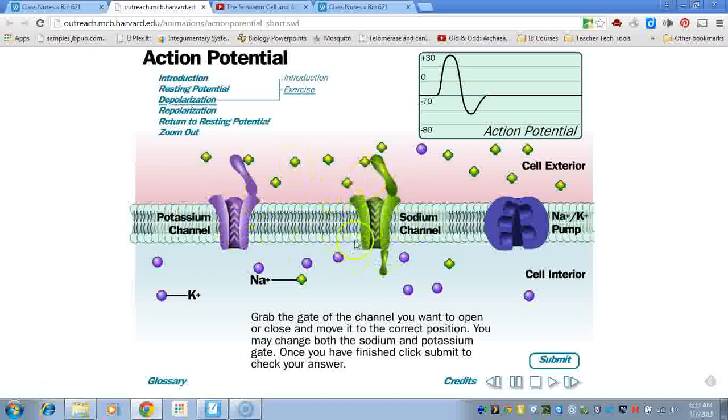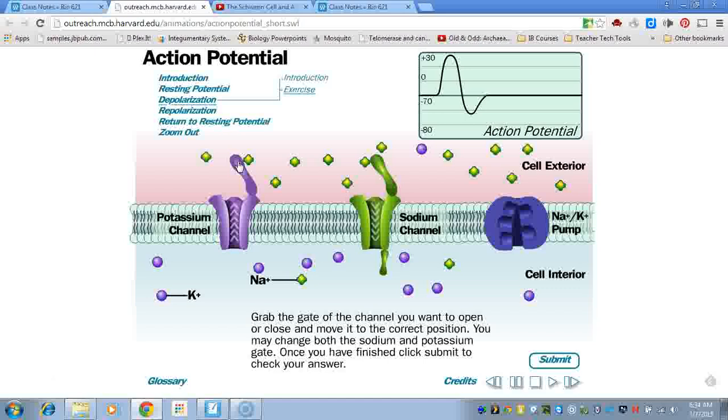This is a little test, and they want you to basically change the gates. Which one should be open, which one should be closed when the action potential happens. So when the action potential happens, remember in a resting membrane, the sodium channel was closed and the potassium channel was open so that they could make the pump work and make sure that lots of sodium stays on the outside.